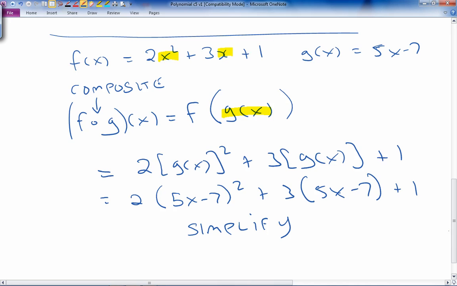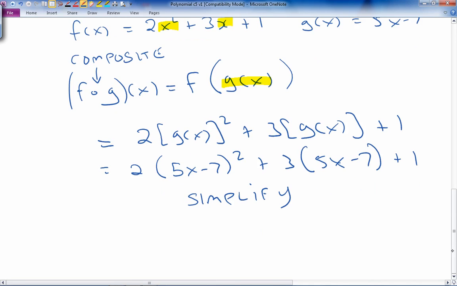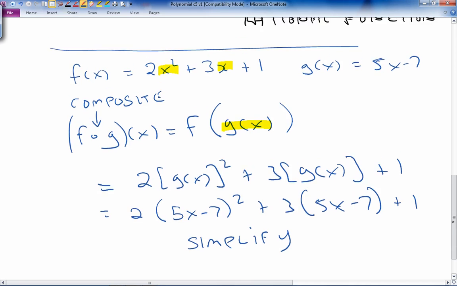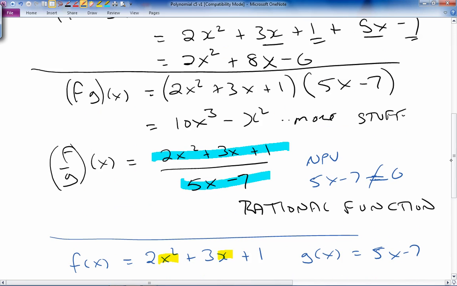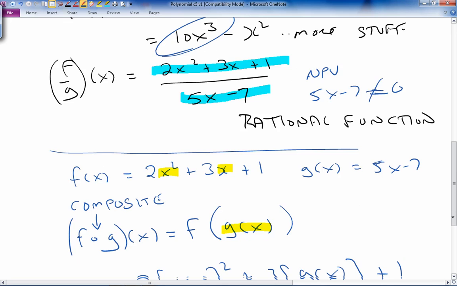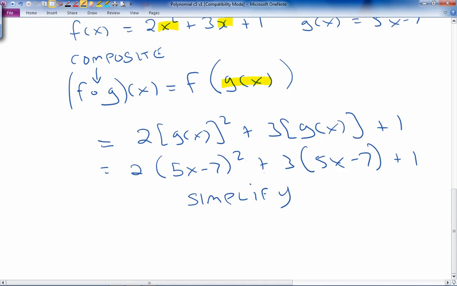Now be aware that this is not timesing. Okay, we saw when we timesed right here, we ended up with a 10x cubed. There's going to be no 10x cubed here. I will end up with a 10x squared, or no, actually a 50x squared from this stuff here. So composite of functions. That was new.